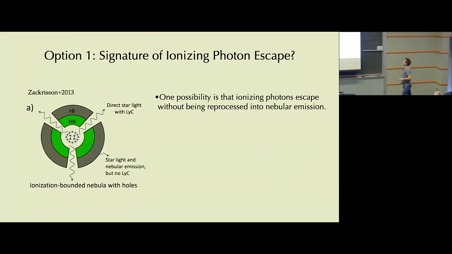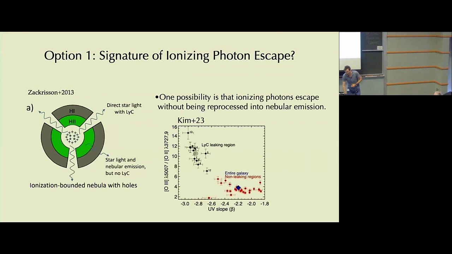One is that ionizing photons are escaping without being reprocessed into the nebular continuum emission, perhaps leaking through channels in these galaxies. So you'll be seeing more of the direct stellar continuum in this picture. Now, this is observed in the Sunburst Arc, in the Lyman continuum leaking region of the Sunburst Arc, where the UV slope is known to be minus 2.8.